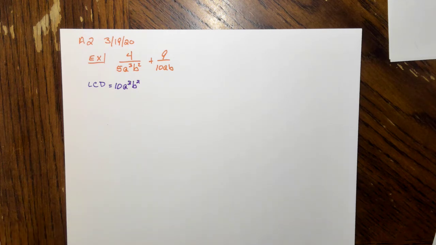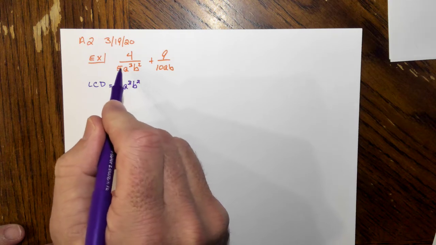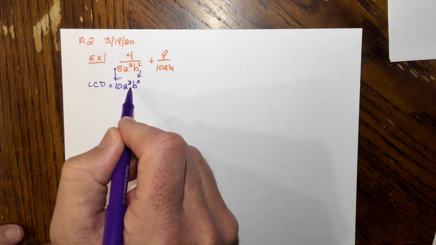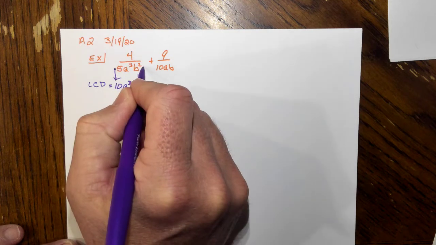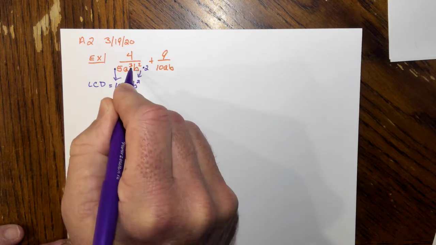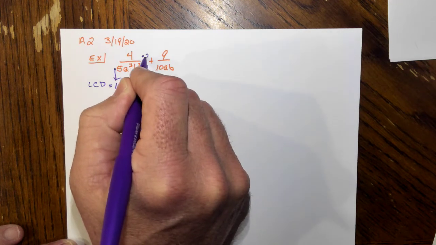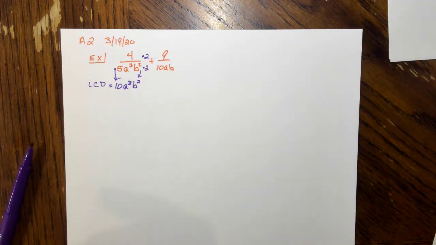That's what we need to accomplish. So how do we get there? Well, to go from here to here, what has to change? Well, got to multiply by 2. A cubed? Nope. B squared? Nope. So I have to multiply the denominator by 2, numerator by 2.